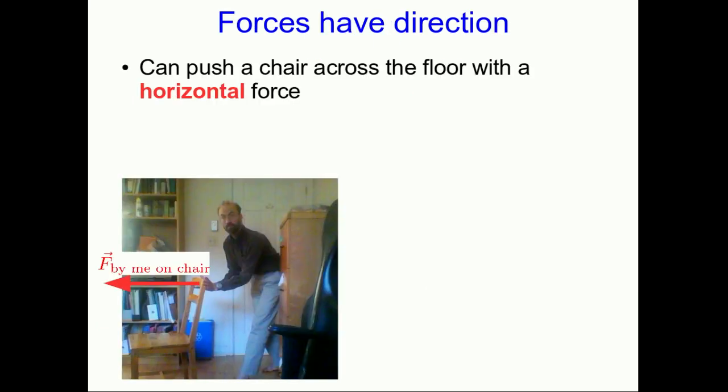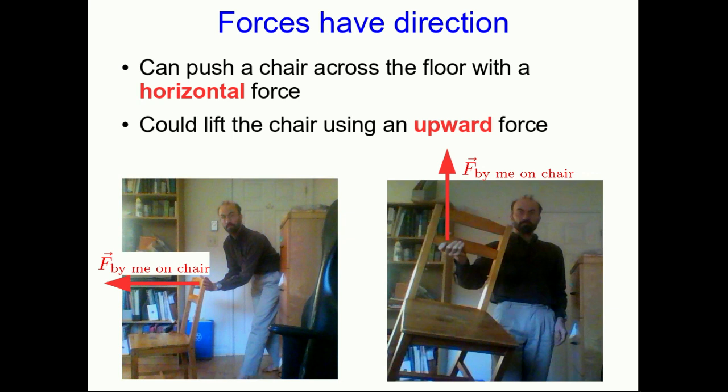We can see that forces are vectors intuitively because they have direction and magnitude. I can push a chair across a floor by exerting a force on it horizontally, but if I exert a rather similar force upward, I can lift the chair. So the effect of a force depends on the direction it's exerted. Direction matters for forces.